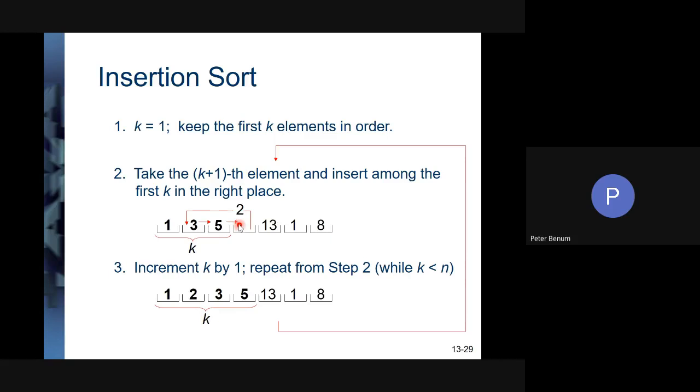Okay, so the new one for today is the insertion sort. It's going to have a similar idea, but it's going to do more shifting and fewer comparisons. So how it works is we're jumping in midway here, and we're doing the opposite.